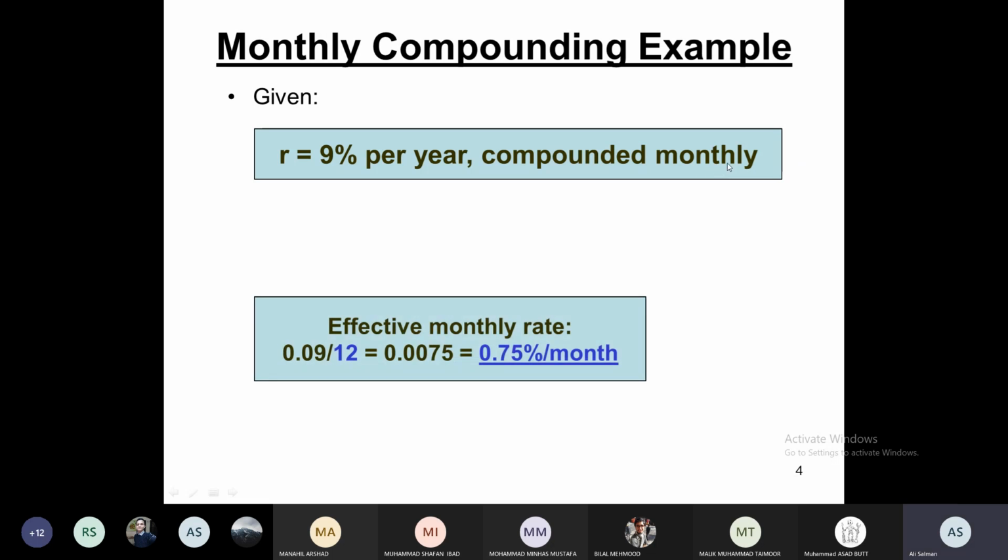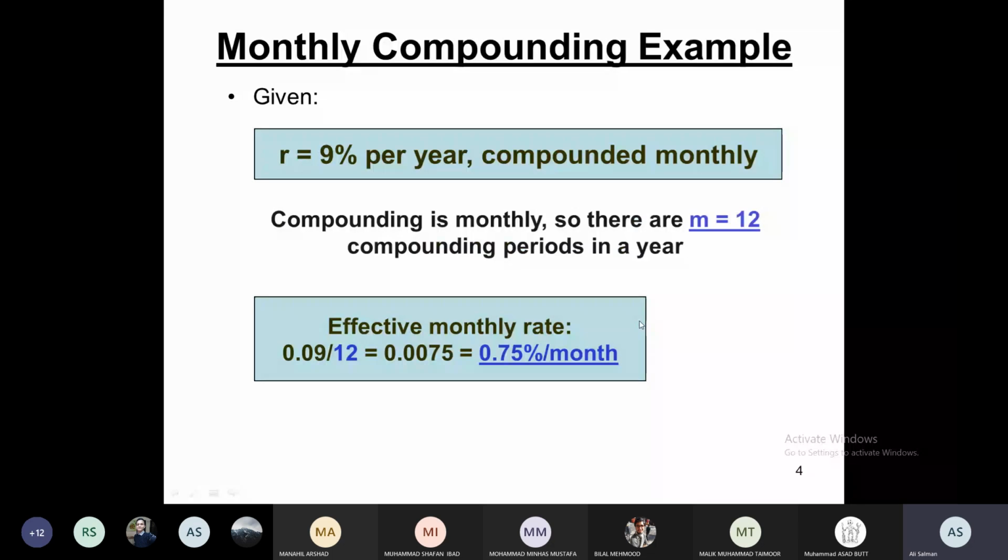So the effective monthly rate is I is equal to R over M. The formula that we have applied here is I is equal to R over M. R is 0.09 divided by 12. That is 0.0075 or 0.75% per month, which is the effective monthly rate.